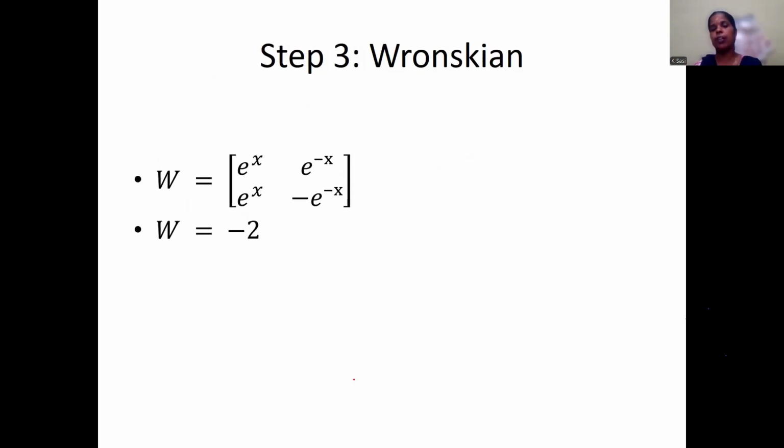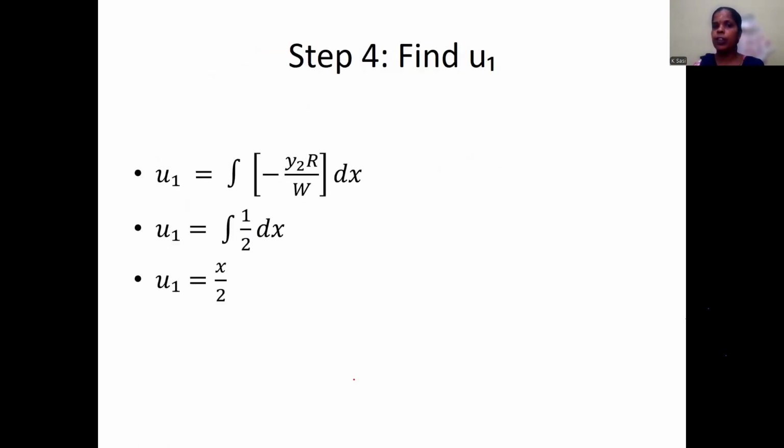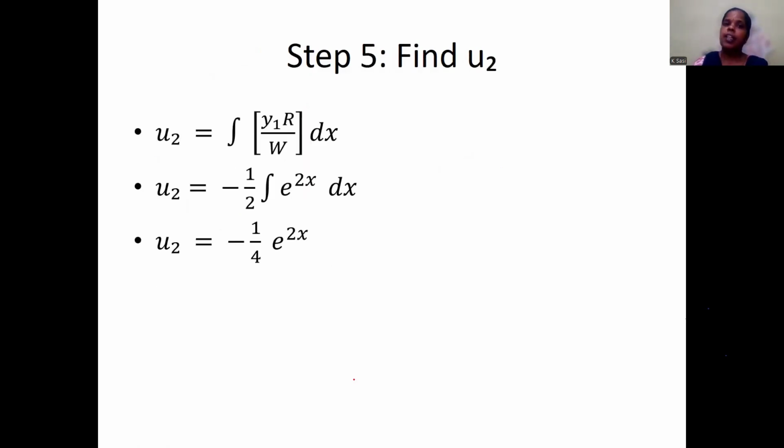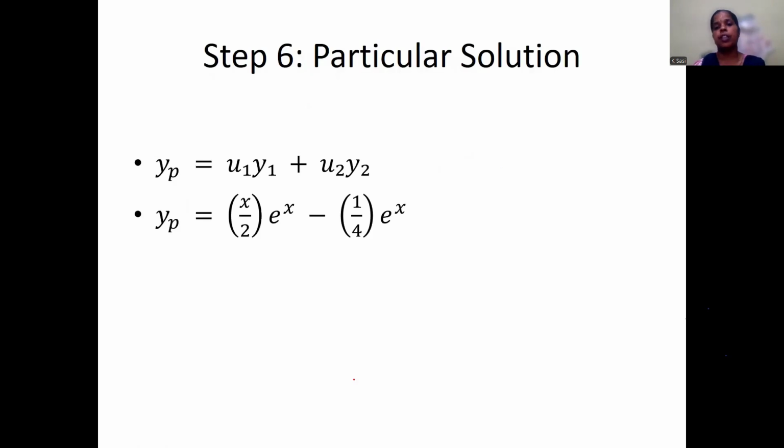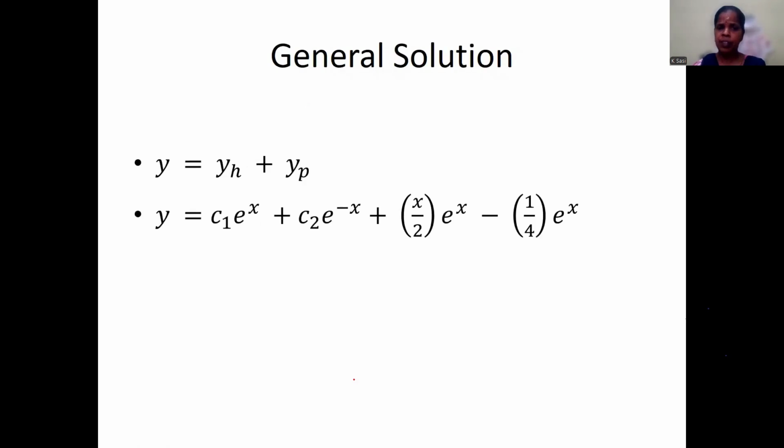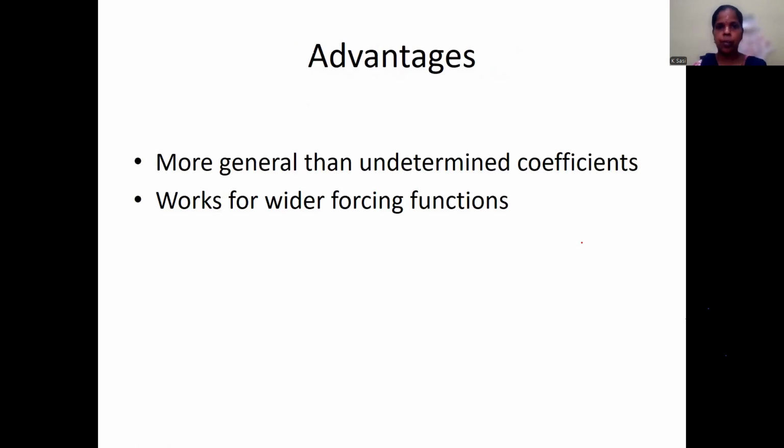Then we find the Wronskian. Once we have the Wronskian, we find u1 and u2. Then we substitute in the particular solution formula. After that, we get the general solution, yh plus yp. So together this is the solved answer for the variation of parameters.